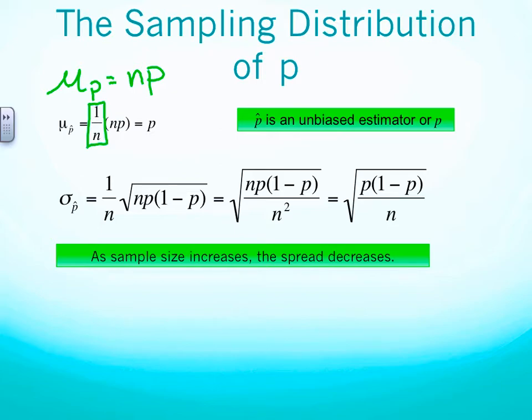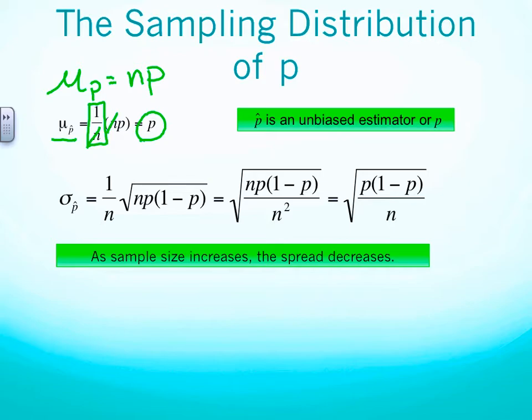So we'll do 1 over n times the mean of the entire binomial random variable. What happens is when you multiply, your n's drop out. So ultimately, the mean of your proportion for your sample is just going to be your proportion.